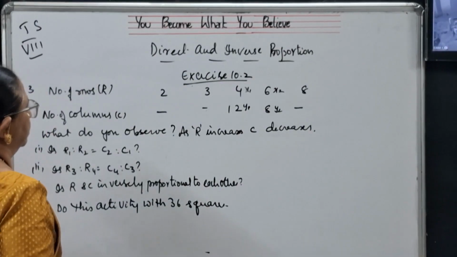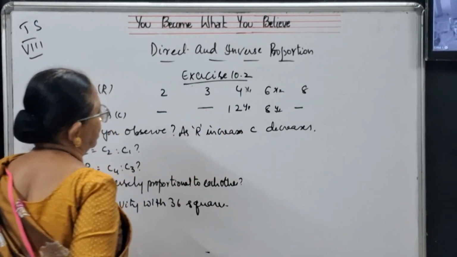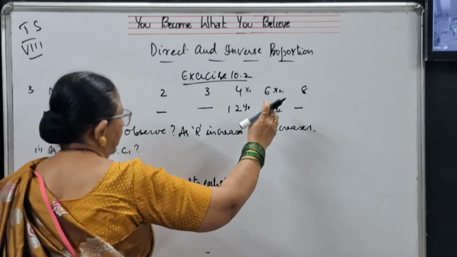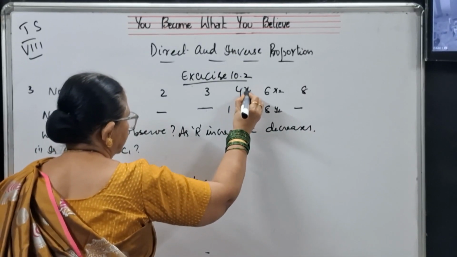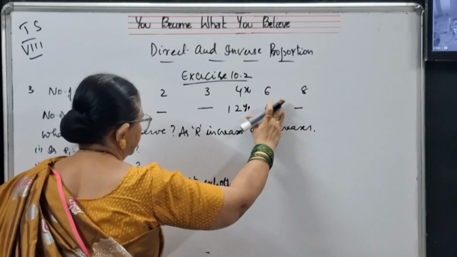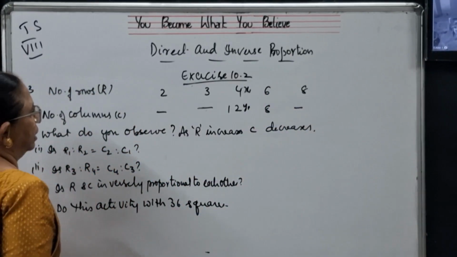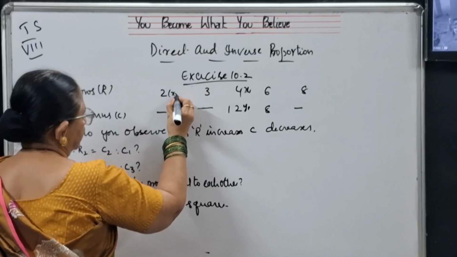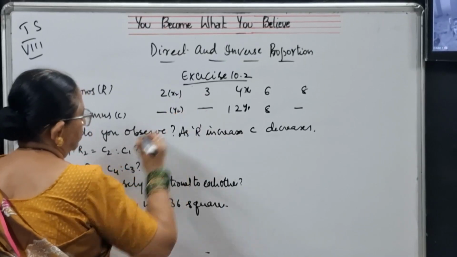In this case, in the table, we need to find these dashes. So I am considering this as x1, y1, let me take any one as x1, y1, and let me take this as x2 and this as y2.